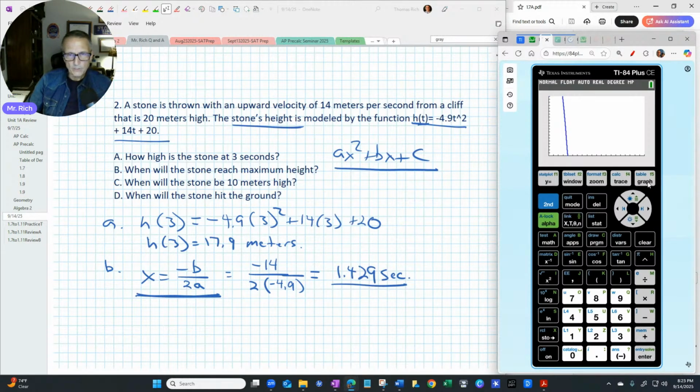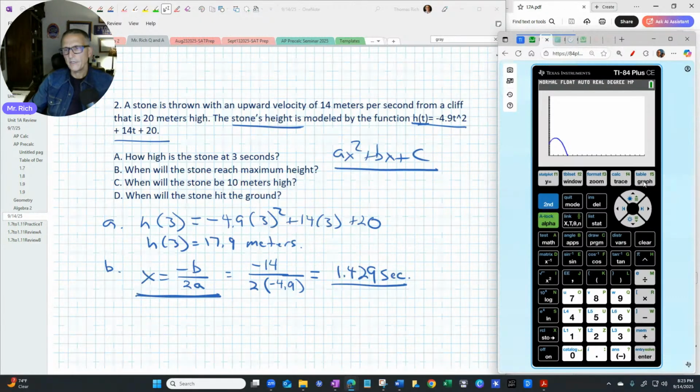It doesn't look like we're seeing enough, definitely. So we need to set this window to make it much higher. I'm going to change this to maybe 20, but I need to go up to 100 on the y max, and let's graph it and see.